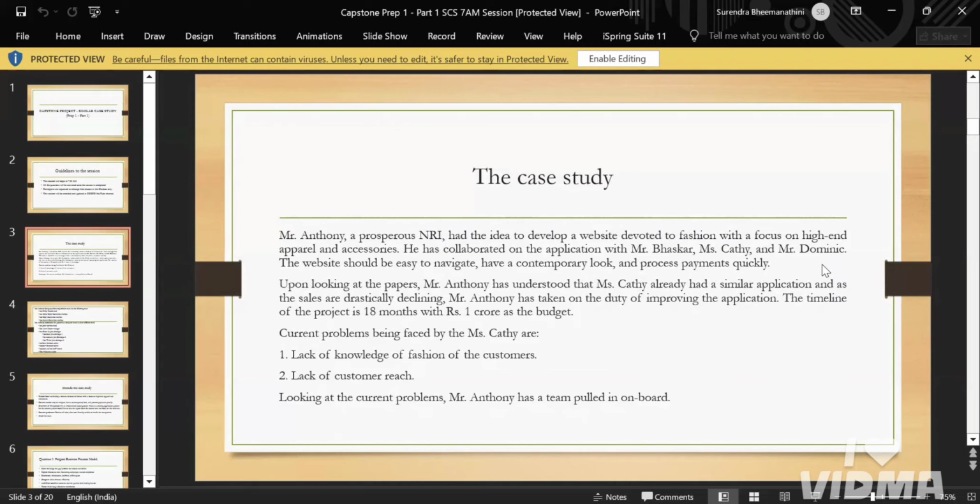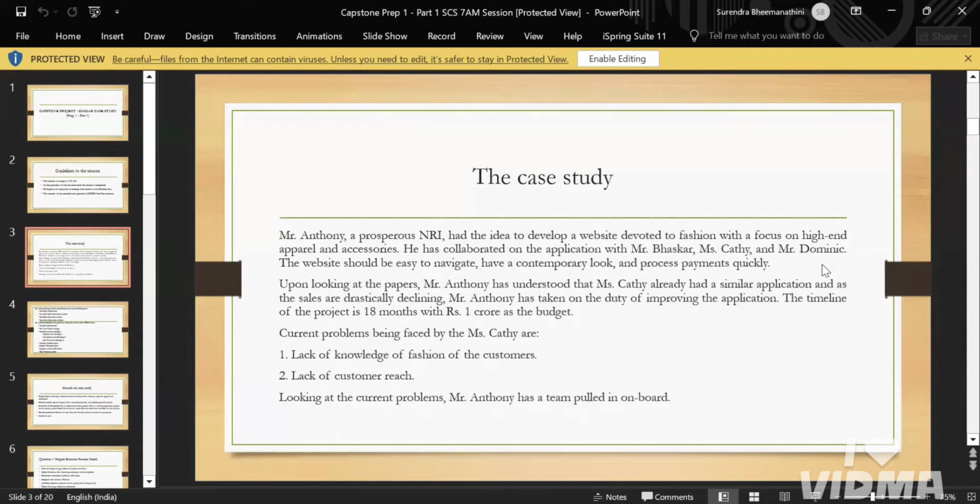The website should be easy to navigate, have a contemporary look, and process payments quickly. So Mr. Anthony is developing a website. This is the main thing about the case study.